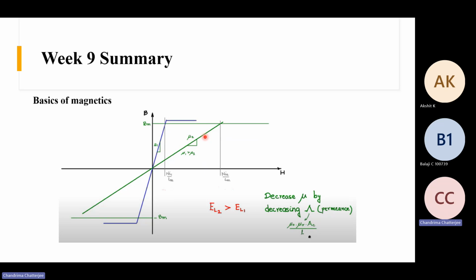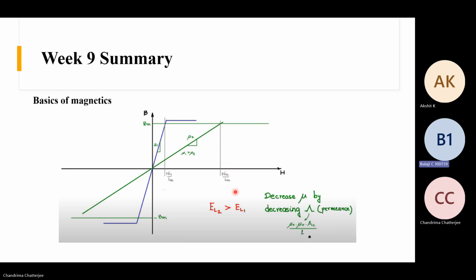And for air, you know that the mu is very less, right? For air the mu is mu zero basically. There is no mu r. For air mu r is 1, the relative permeability is 1. So the effective mu reduces and the slope reduces. I will explain the design steps later, we will see that.